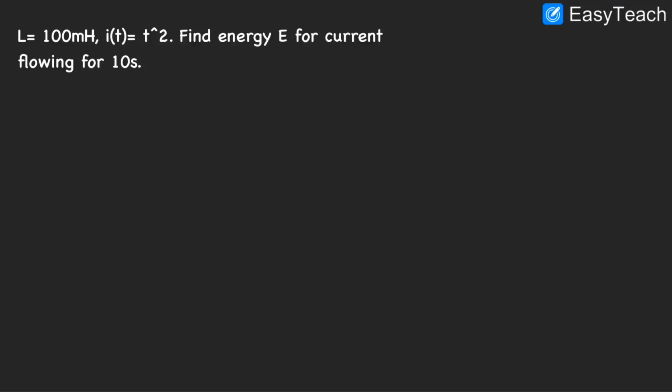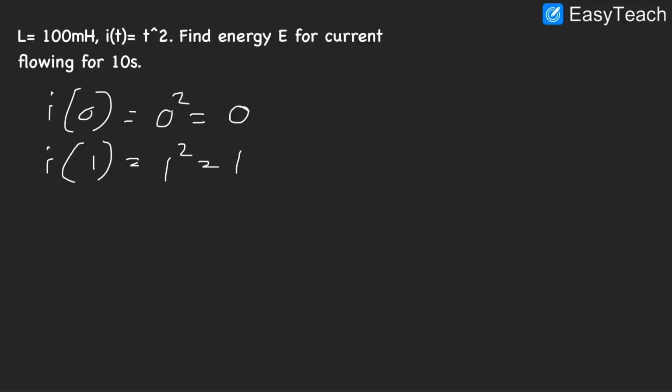So my current at 0 is going to be 0 square, that's just 0, and my current at 1 second is going to be 1 square, it's 1. I am not sure if this is amperes or milliamperes, but just going to consider it as 1 unit. My current at 2 is going to be 2 square, that's 4. So it's an exponential growth.